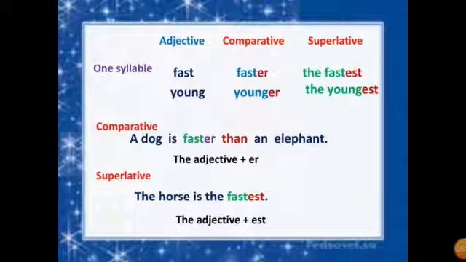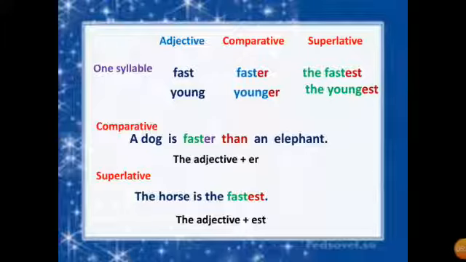For the adjective fast, in comparative form we use er, and in superlative form we add est. And the same example, young, younger, the youngest.